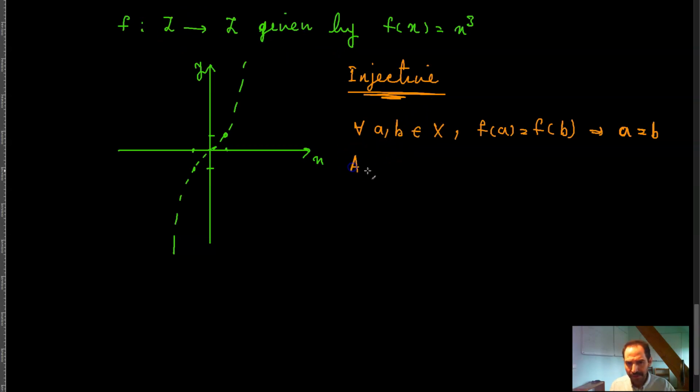So now let's assume that f of a is equal to f of b. If that is the case, then that means that a cube is equal to b cube.